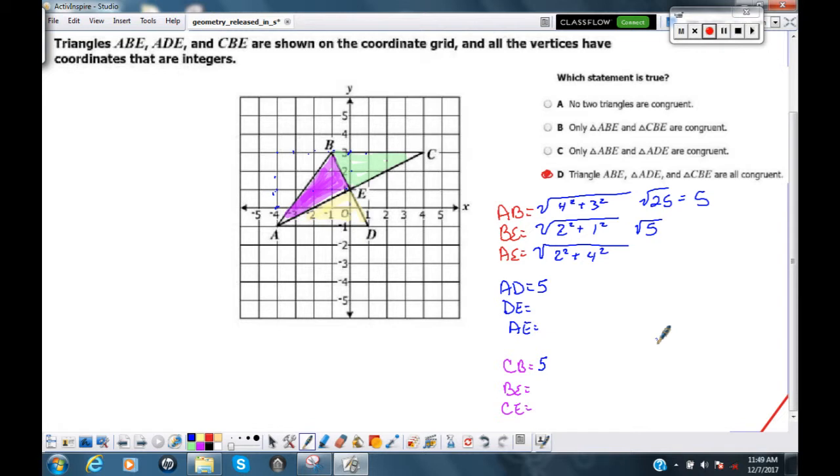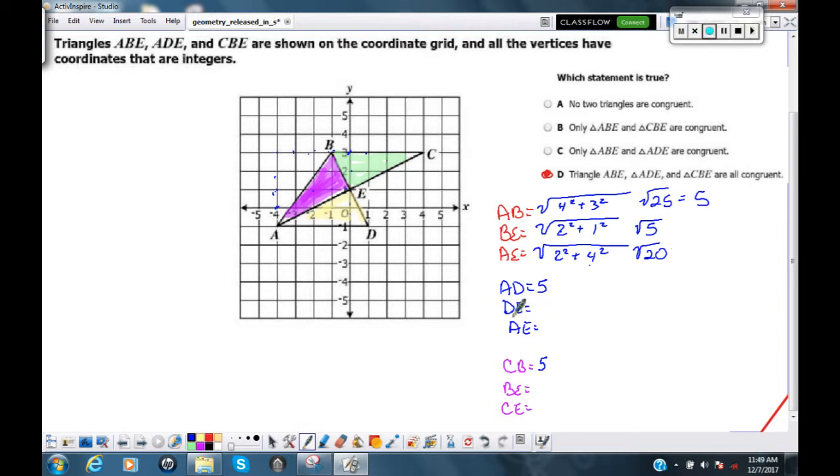Again, 2 times 2 is 4, and then 16. Let's see that again. So 16 plus 4. And that's going to give me square root of 20.